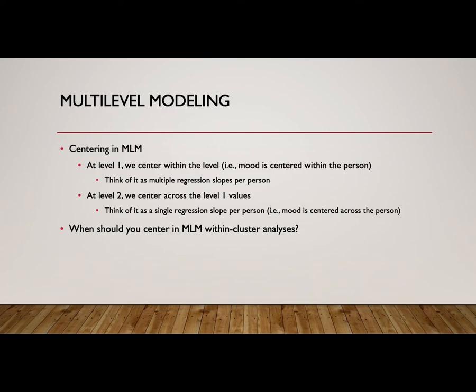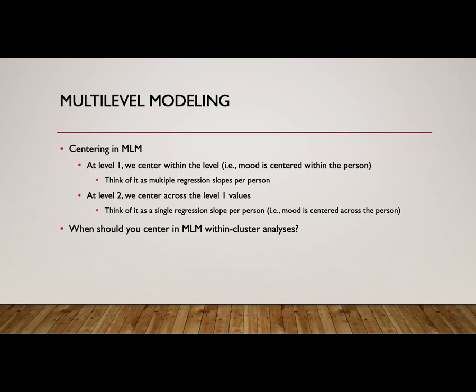At level 2, if you're controlling for your average level of positive mood relative to everyone else, what the level 1 effect becomes is a contextual effect. That means for you, every time your mood is one value above your individual average, you see a gain of this in stress.